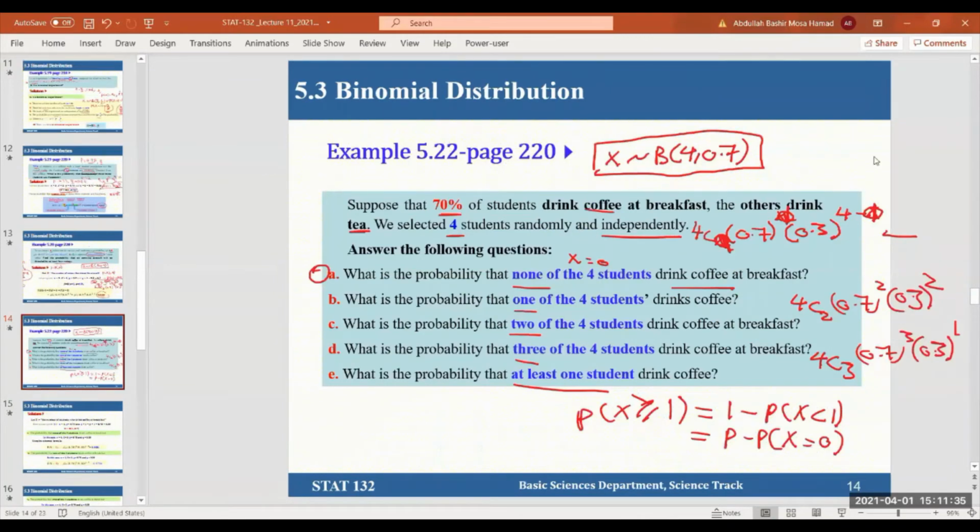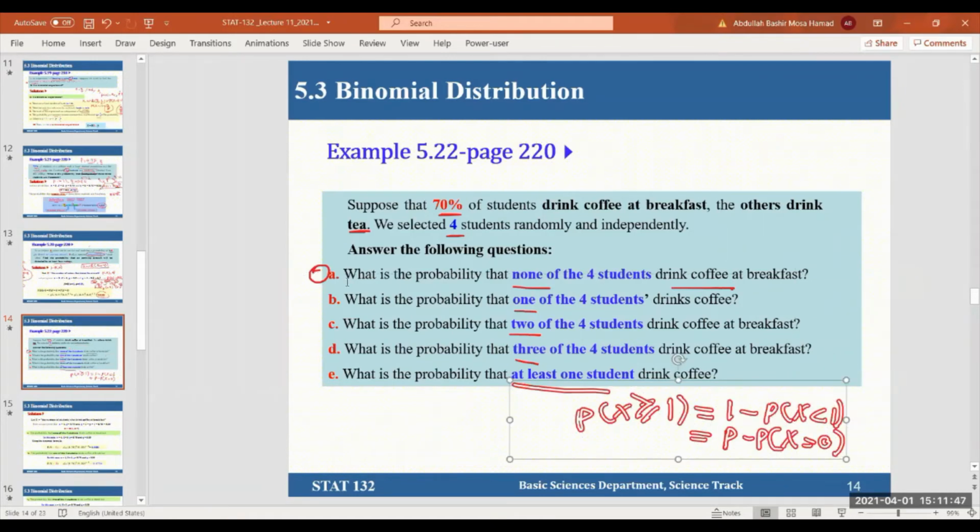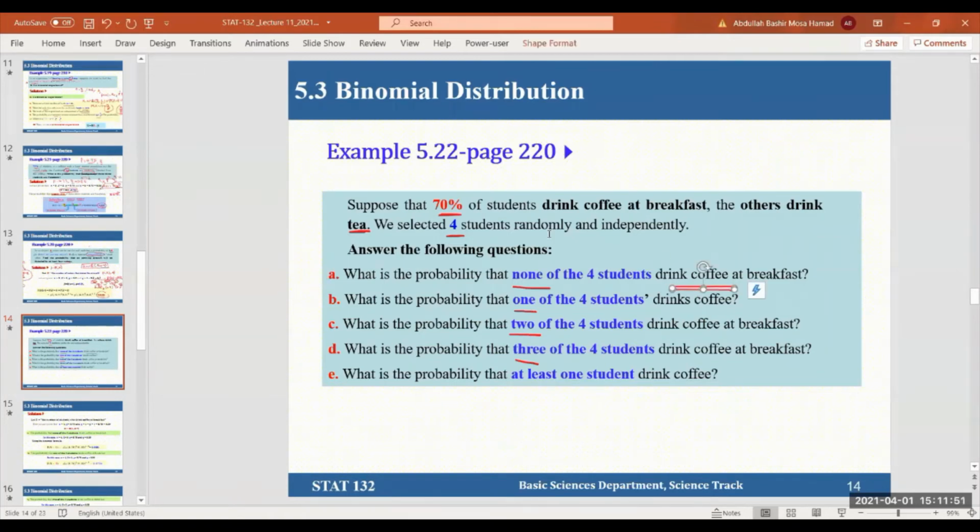Let's see this example. We practice the same method. We just need to find the value of P and the value of Q before coming to the question. What is the value of P and Q for this example?